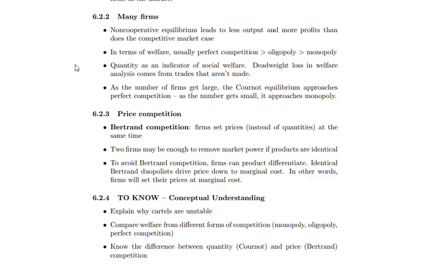Quantity is an indicator of social welfare. The deadweight loss in welfare analysis comes from the reduced quantity. As the number of firms gets larger, the Cournot equilibrium approaches perfect competition. As the number gets small, it approaches monopoly. So the Cournot equilibrium is all about quantities.